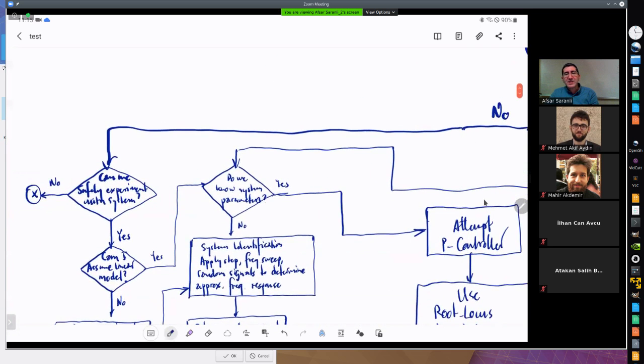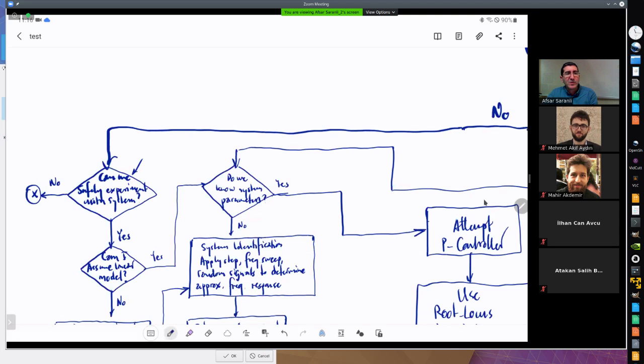Now let's first take a look at what our options are if we cannot derive a model of this system based on the physics of the system from analytic equations, okay? Now the next question here is to ask whether or not we can actually make experiments with this system.